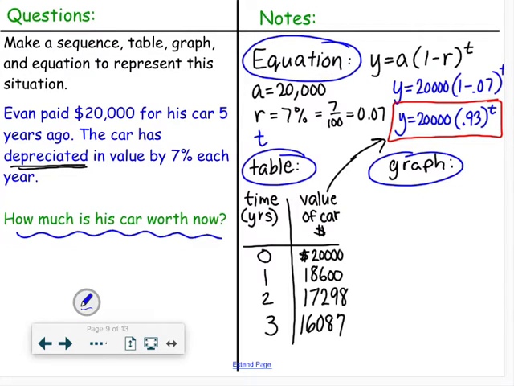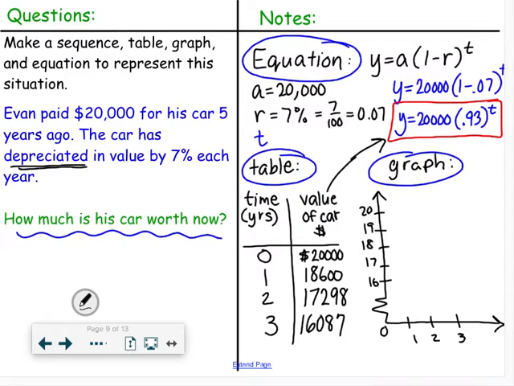So for my graph, I am going to put a little gap in because I don't really want to go up by 1,000 or 2,000 at a time when I'm talking about values from like 16 to 20,000. So I can put in a gap and then just put 16, 17, 18, 19, and 20, and 0, 1, 2, and 3 on my bottom axis.